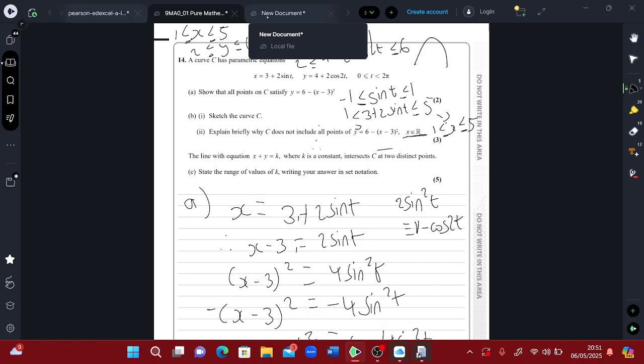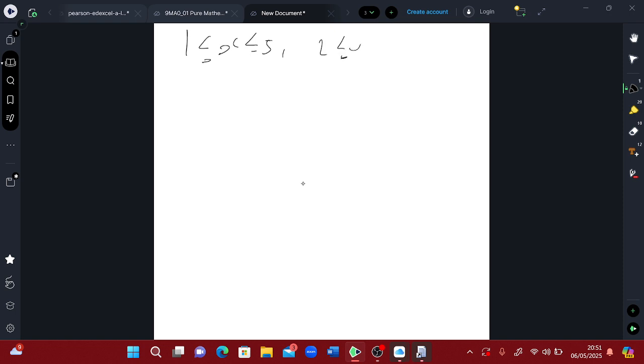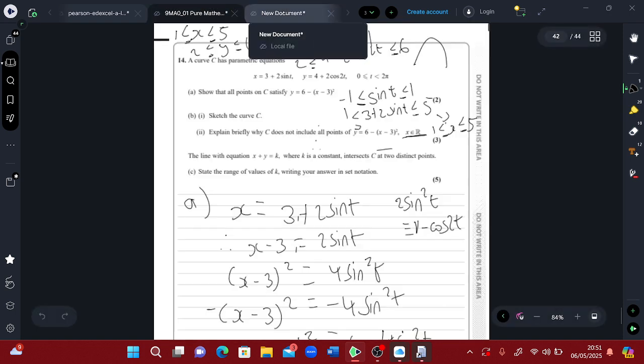So what we can actually do is get a snippet of the graph and only focus on these values of x and y. We've actually done quite a lot of the work already with the reasoning in the earlier part. So we know that x is between 1 and 5 on C, and y is between 2 and 6.